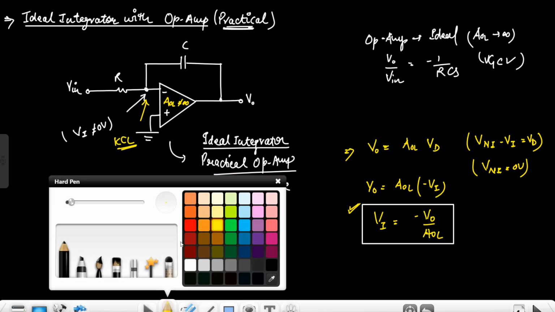Now applying KCL at this inverting terminal, it will be Vin minus V inverting upon R is equal to V inverting minus V naught upon 1 upon Cs, right?